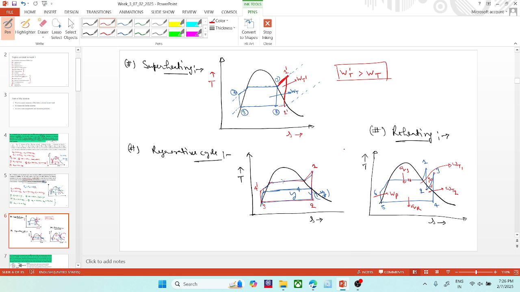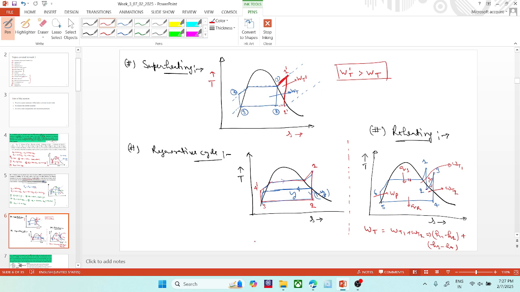So let me write the equations here. The total turbine work would be WT1 plus WT2, and it would be H1 minus H2 plus H3 minus H4. The heat addition has also increased.